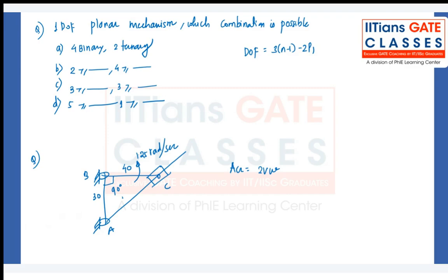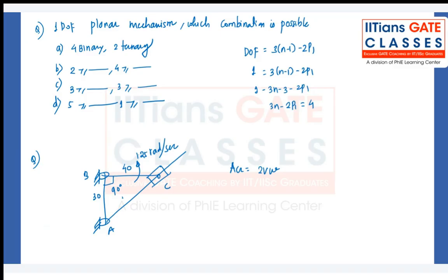So 1 equals 3 times (n minus 1) minus 2 times p1. This is the formula you can come up with. So 3n minus 2 times p1 is equal to 4, right?